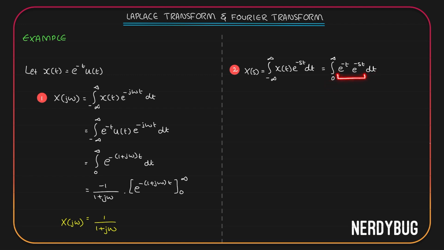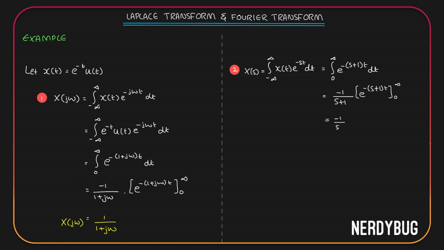Again we can combine these two by adding their exponents. It will become e raised to minus 1 plus s t. Instead of writing 1 plus s, we can write s plus 1 also. Now let us integrate this. We'll get minus 1 by s plus 1 times e raised to minus s plus 1 t, with the limits from 0 to infinity.